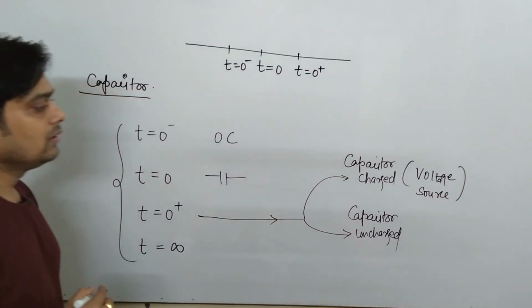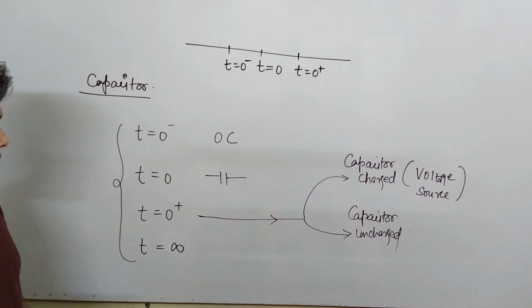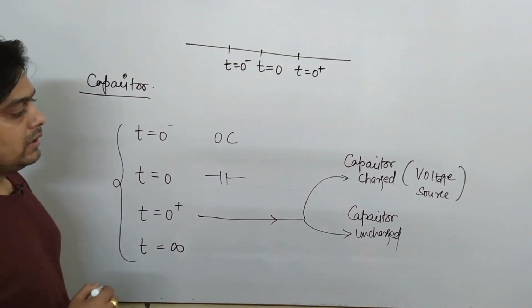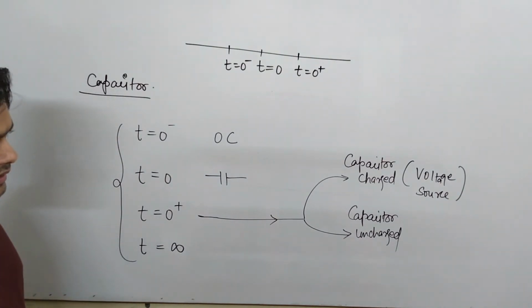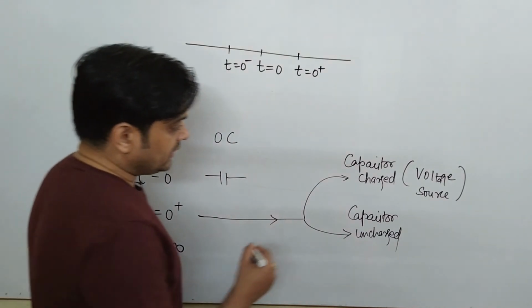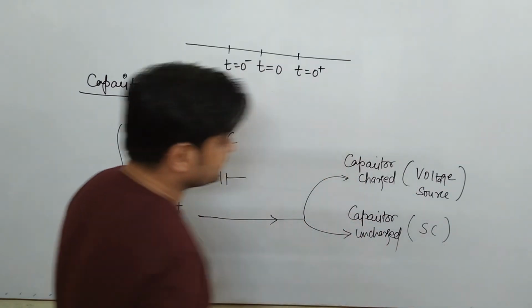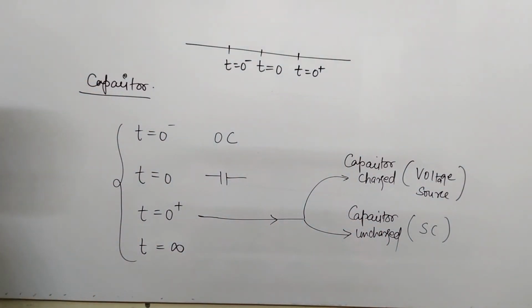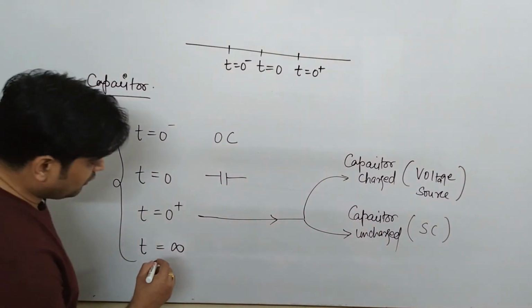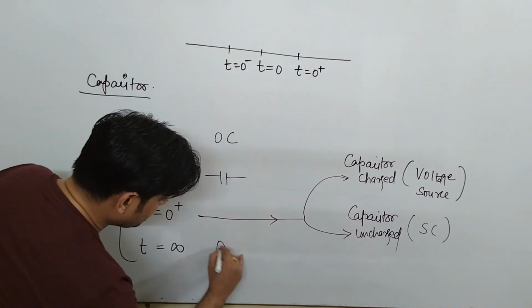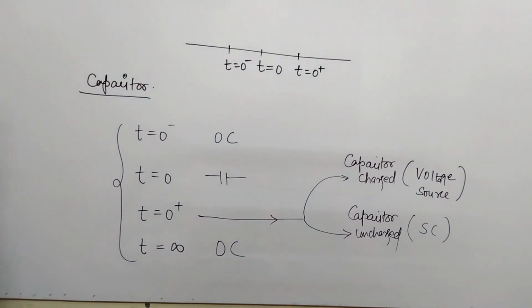But if it is initially uncharged, that means at t equal to 0 negative the capacitor is uncharged, so that initially uncharged capacitor behaves like a short circuit. And at t equal to infinity, whatever the condition at t equal to 0 negative will remain as it is.